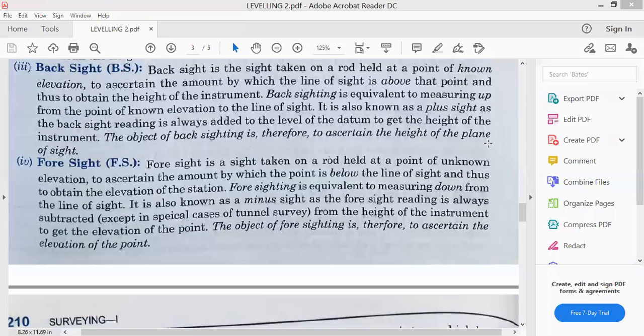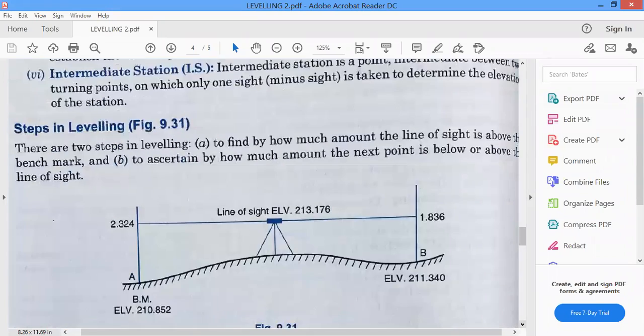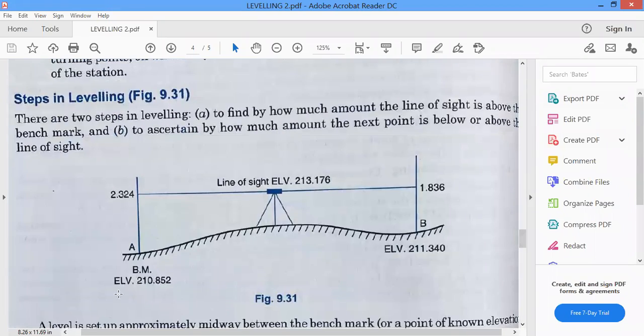So in this case, elevation of benchmark is known, that is 210.852. Once you hold the staff on the benchmark, that reading we call the backsight reading. Backsight reading is the staff reading taken on the point whose elevation is known.